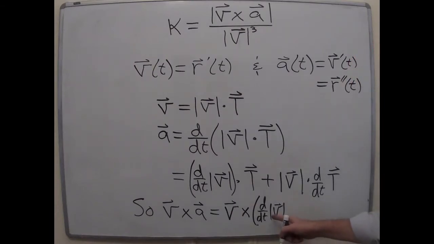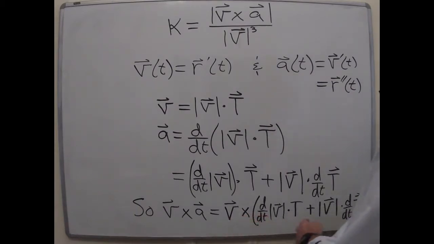Now, that's an interesting thing. If you take the time derivative of speed, you know what you're going to get? That's acceleration along the curve, sort of in the direction of the curve, but we'll come back to that. The other piece of it is speed times the time derivative of t.